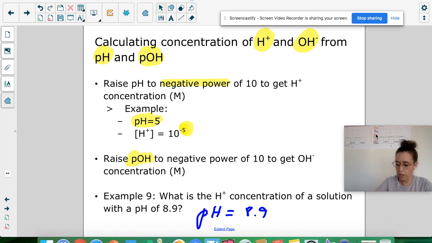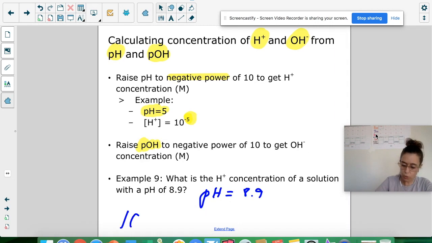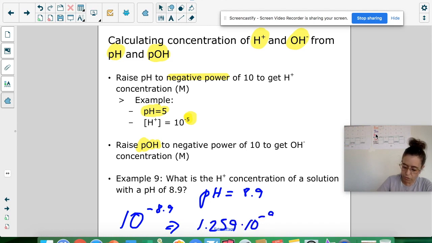To find it, I have to do 10 to the power of negative 8.9, and that is going to give me a total of 1.259 times 10 to the negative 9 molar. That is going to be the concentration of the protons.